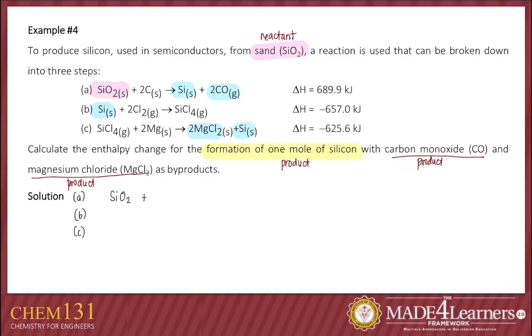SiO2, by the way this is solid, plus 2 carbon, producing silicon, plus 2 carbon monoxide, okay?